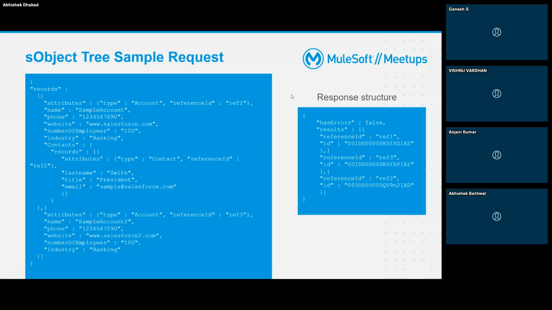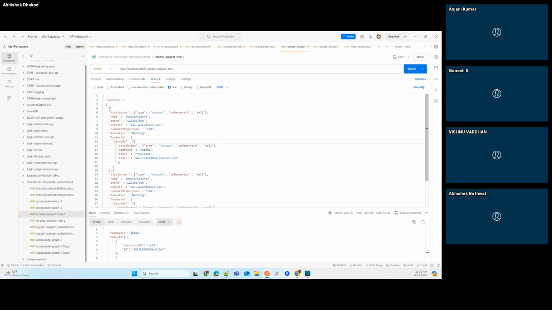The question here is, are we creating a relationship from one to one or one to many? We can create one to one, one to many, anything is possible for this. Like you can see record, we can create multiple contacts as well. As a single call, we are just sending the data to process it.